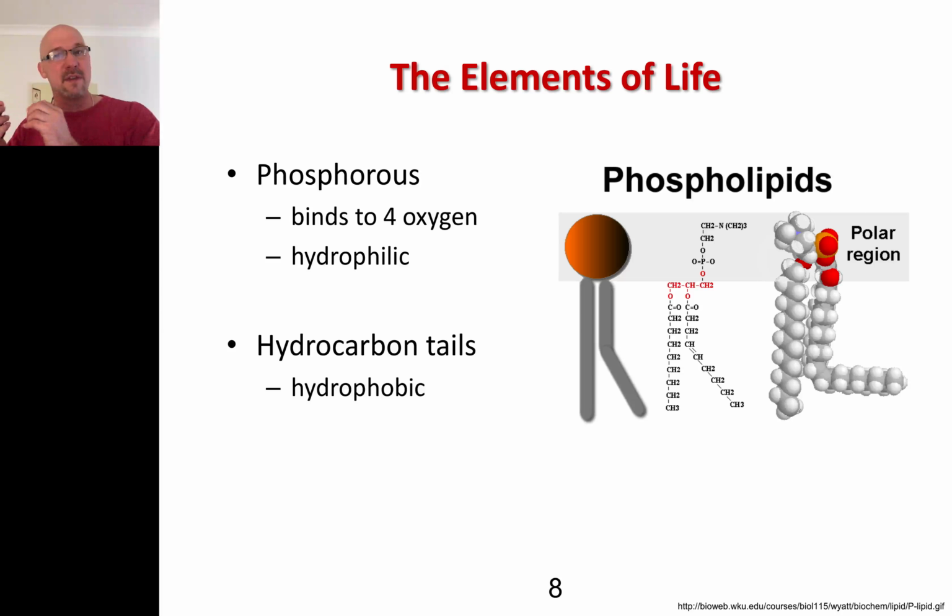But then you take the fat, which is a whole bunch of hydrogen and carbon Lego blocks, and attach it to the phosphorus. So you take phosphorus and 4 oxygens, and you take carbon and a bunch of hydrogens, and you smush those 2 things together. And you get something that kind of looks like this, which is called a phospholipid. The phospholipid has one region that likes water and another region that repels water, because it's mostly fat.